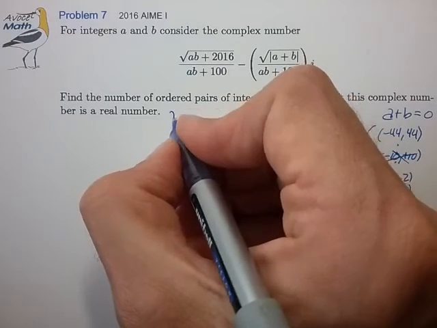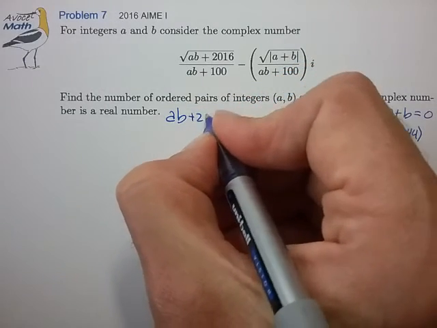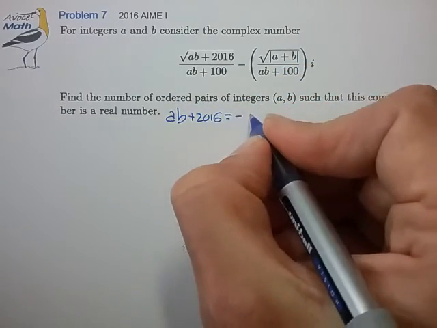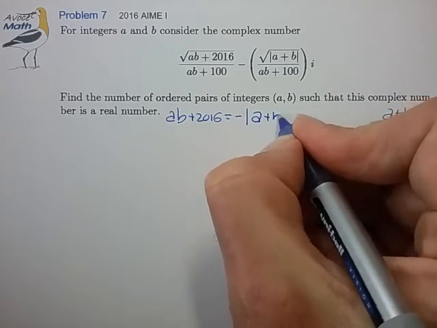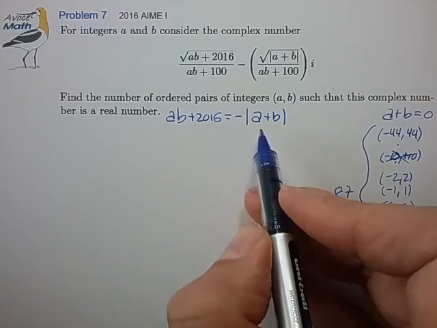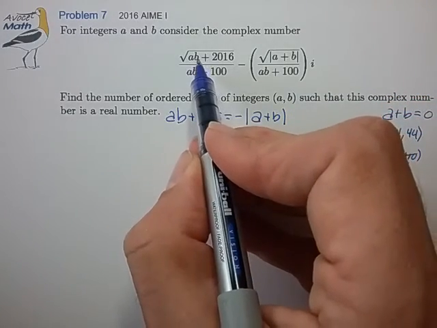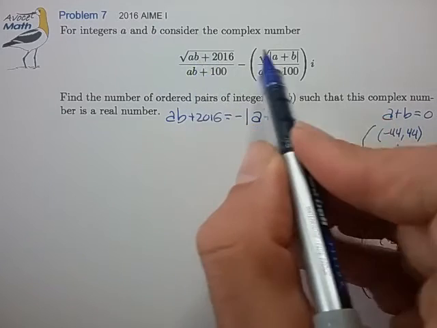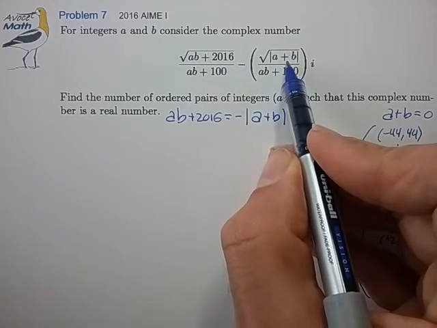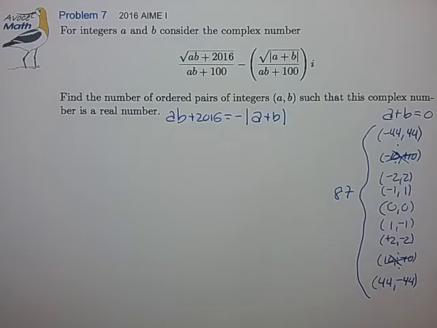So essentially we want ab plus 2016 to equal minus a plus b. And if this is true, then the imaginary component over on the left side will be the negative of the imaginary component on the right side, and that will render a real number.